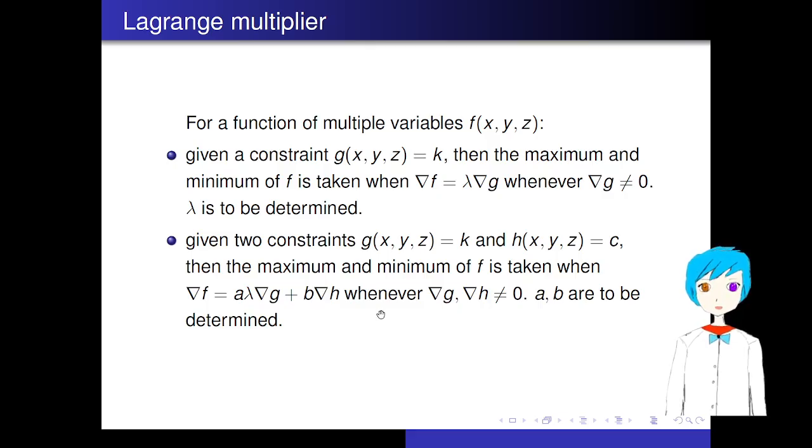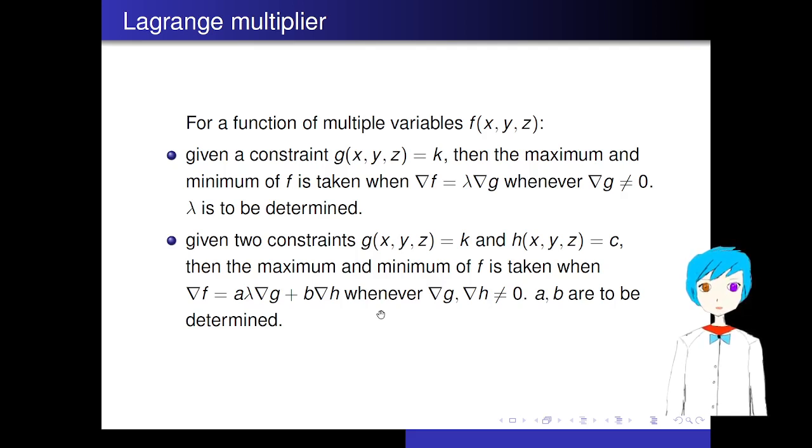Given two constraints, g of x, y, z equals k and h of x, y, z equals c, then the maximum and minimum of f given those two constraints are taken when the gradient of f is a linear combination of the gradient of g and the gradient of h.